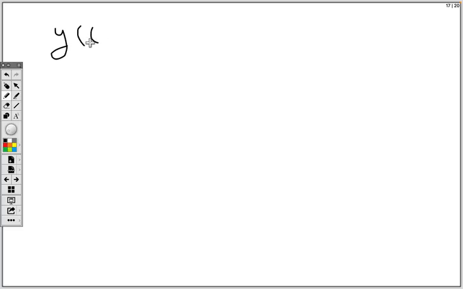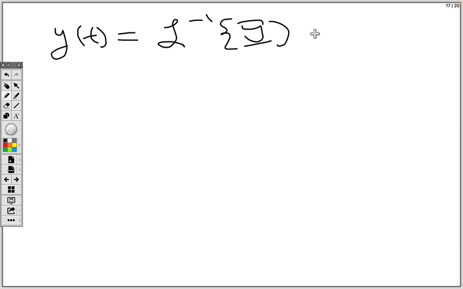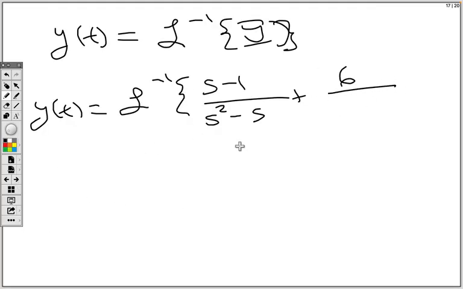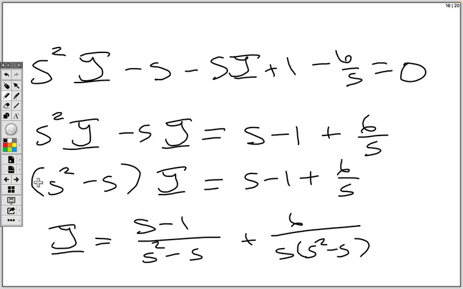So the function we're after, little y of t, is the inverse Laplace of big Y. So little y of t is going to be the inverse Laplace of all of this. S minus 1 over s squared minus s plus 6 over s times s squared minus s.